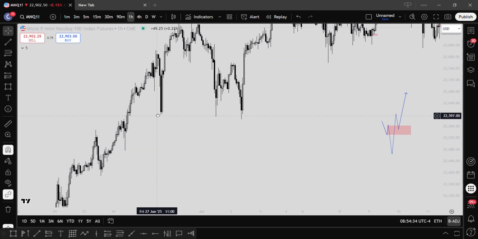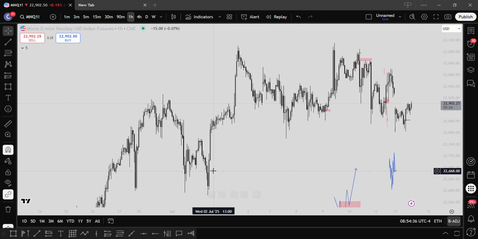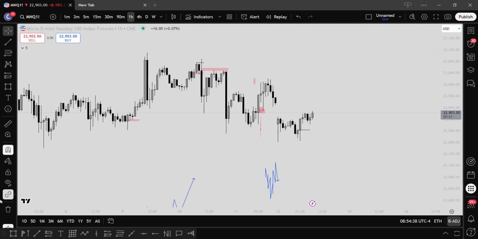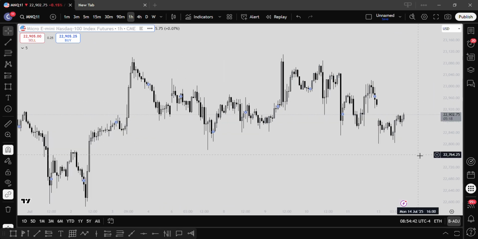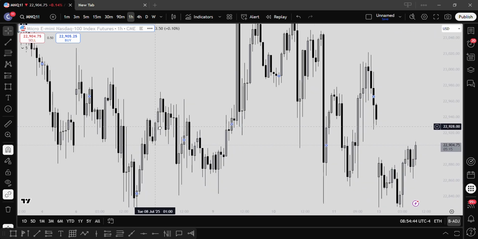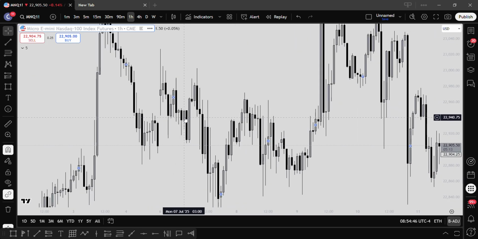Wait, there was a good one a couple days ago on the hourly. Here. So this candle closes above with a bullish candle. This creates a CISD or an order block, change in state of delivery.